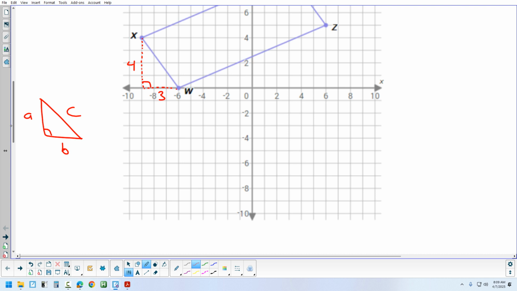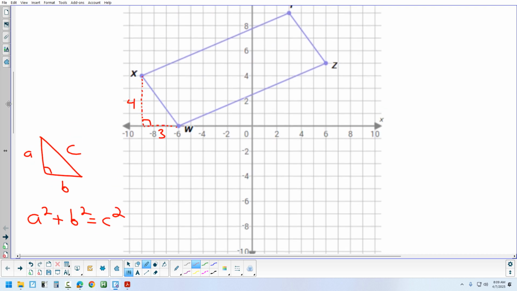It has to do with things squared. Yeah, a squared plus b squared equals c squared. In our case, a and b are the 4 and the 3. They're what we call the legs, and we're going to solve for c, which is the hypotenuse.